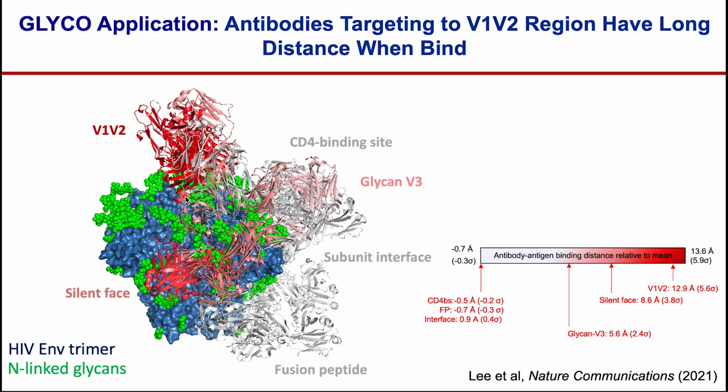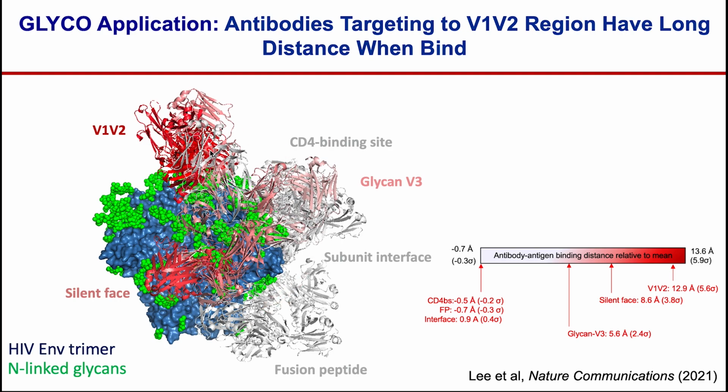And we actually measured the distance for all kinds of HIV-1 antibodies and colored the distance from white to red, so that if the distance is really low, it will be in gray or white, and if the distance is really high, it will be in red.